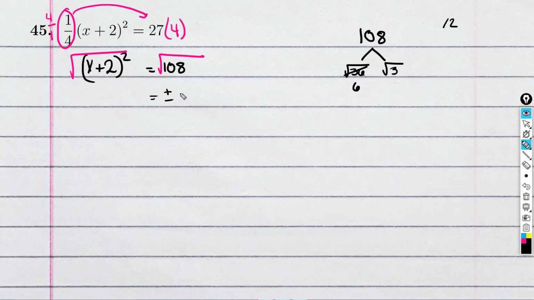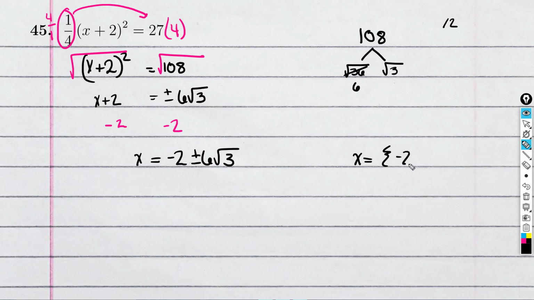So you have plus or minus 6 square root of 3 is equal to x plus 2. Now we move the 2 over to join the right-hand side by subtracting 2 from both sides. And we have x is equal to negative 2 plus or minus 6 square roots of 3. Now we write it in our set form. X equals the solution set of negative 2 plus or minus 6 square roots of 3.